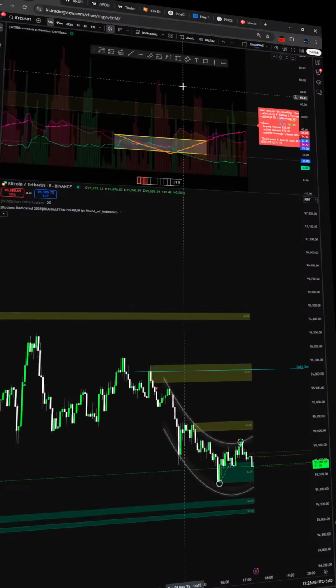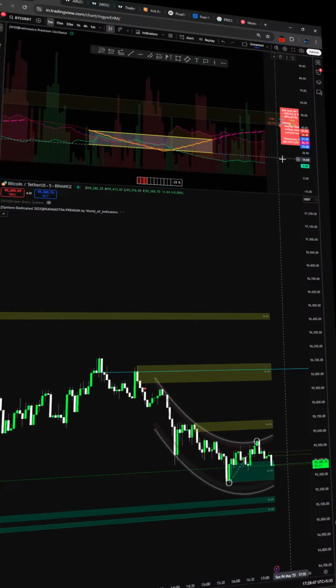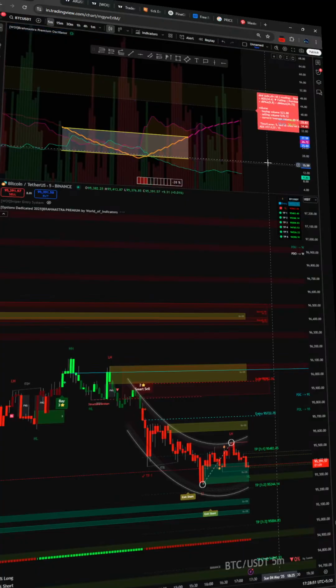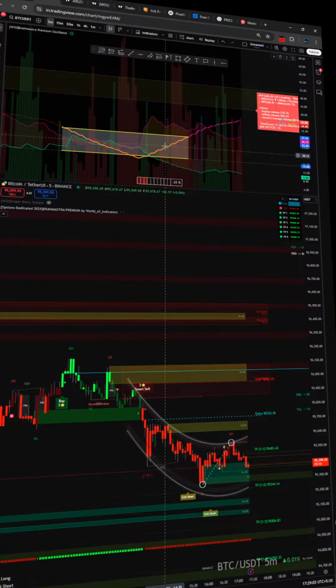What is the strength? You can see clearly here, ADX is rising on the higher time frame.